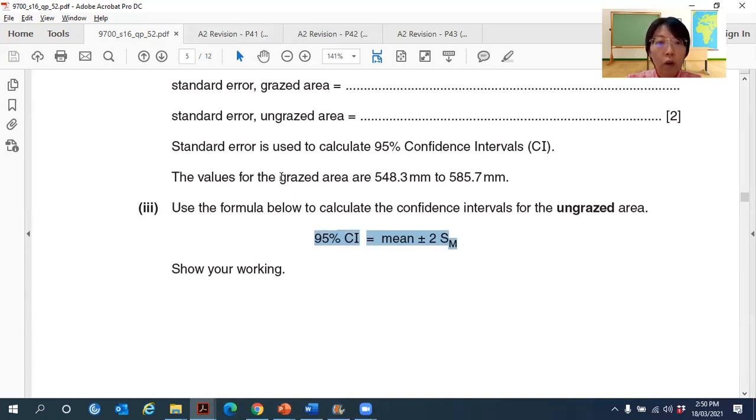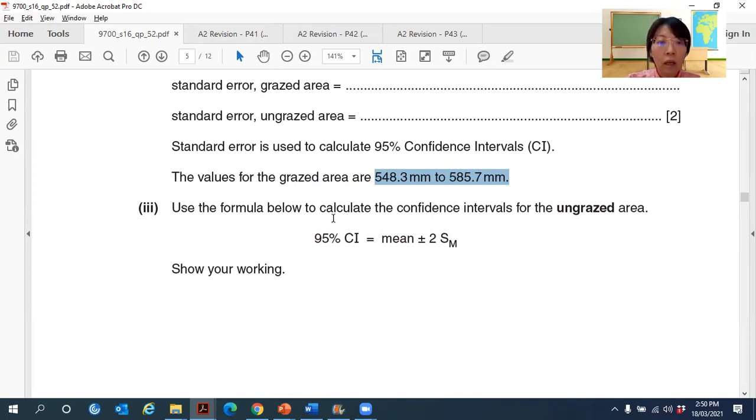They have given you these values for the grazed area: 548.3 mm and 585.7 mm. That means when they ask you to calculate, your result must also be given to 1 decimal place. This is a tip: when you're not sure how much to write, you follow whatever is given there.